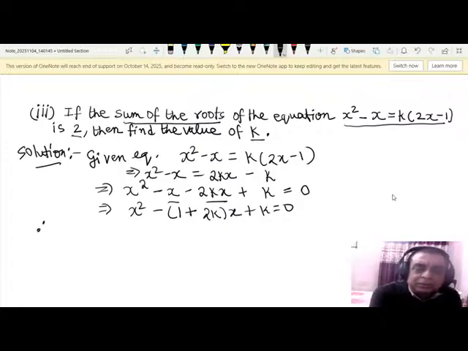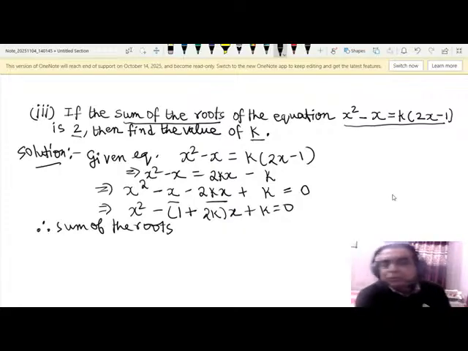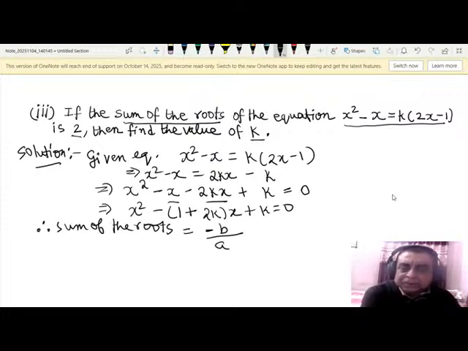Now what is the formula for the sum of the roots? There are two roots in the equation because it is a quadratic equation. A quadratic equation has two roots. The sum of the roots formula is minus b by a.